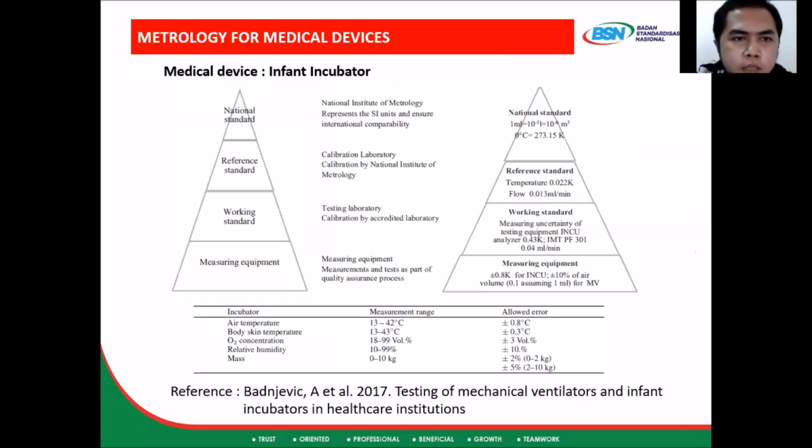And the next is the medical device, the infant incubator. I got this from a paper with this reference.